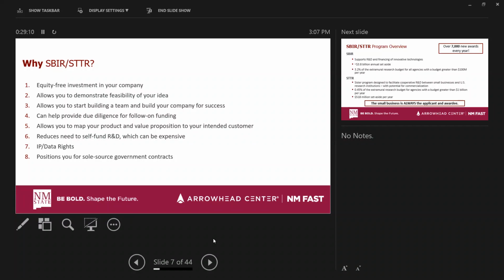It also allows you to demonstrate the feasibility of your idea at a very early stage when a lot of other funders, like investors, probably wouldn't invest. It also allows you to start building a team and building your company for success. It can help you provide due diligence for follow-on funding. I know a lot of investors like to see that a technology has received SBIR or STTR funding.